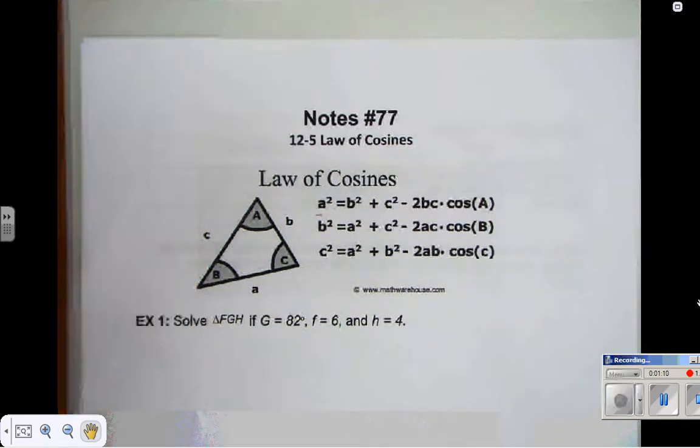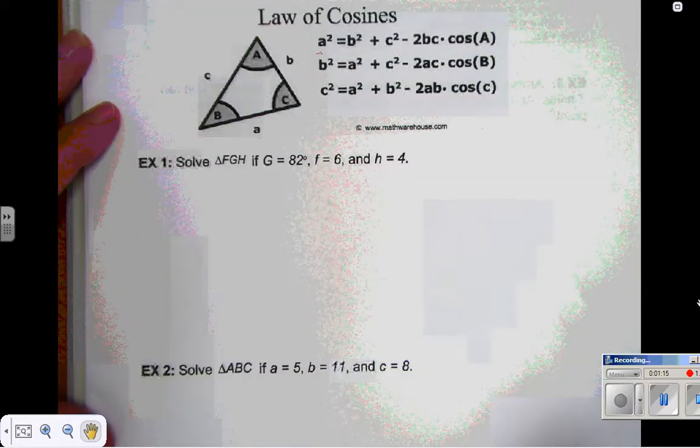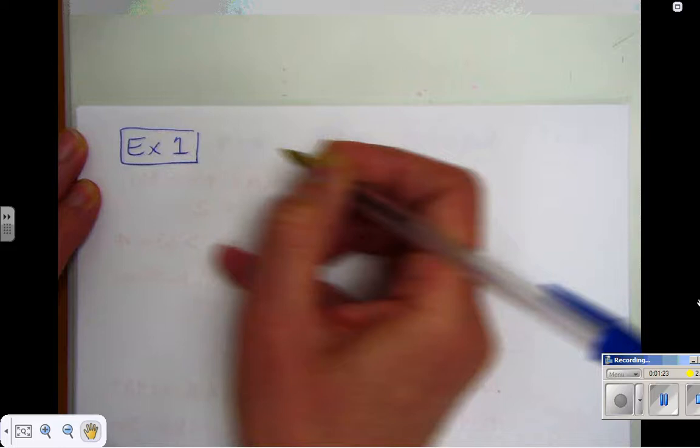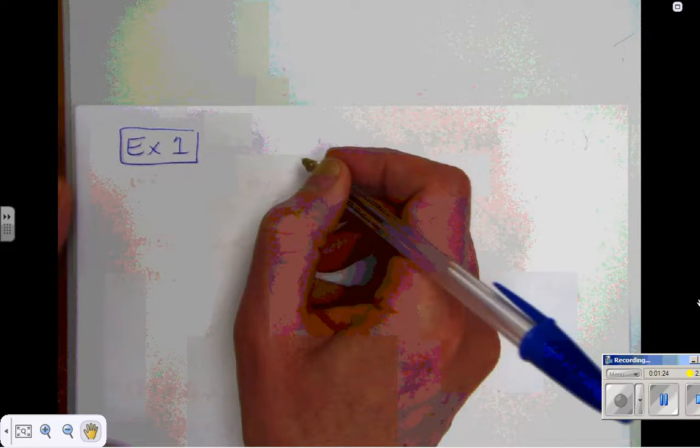Alright, so let's do an example. So we have triangle FGH.